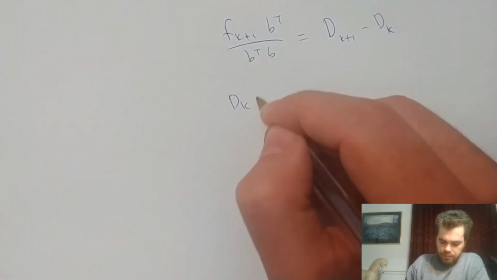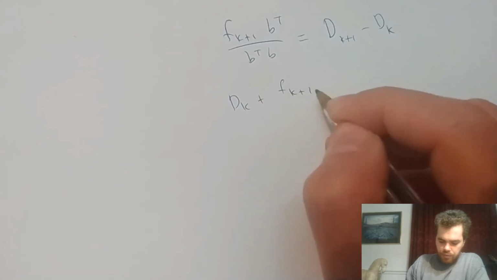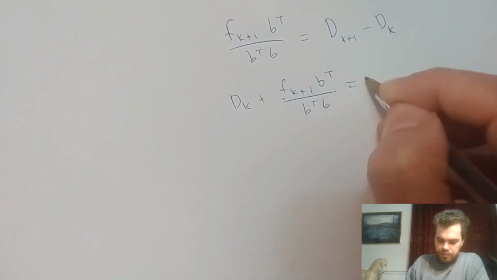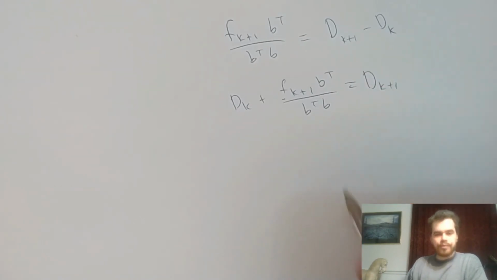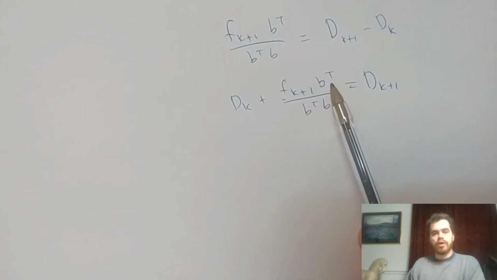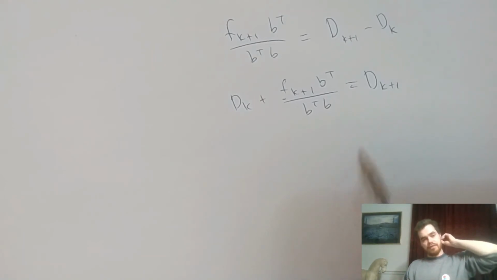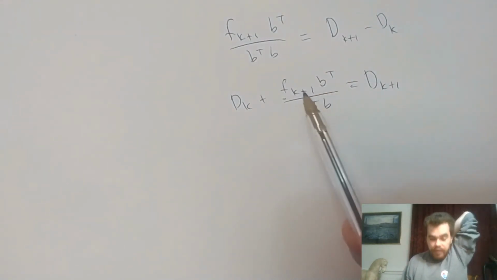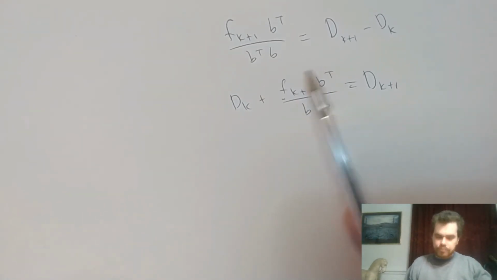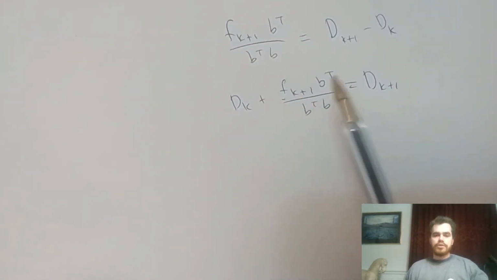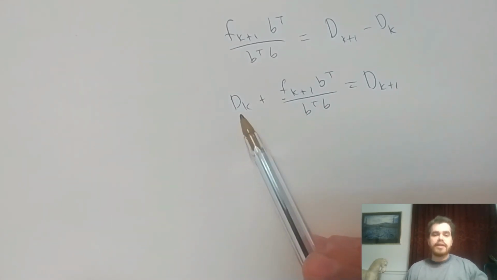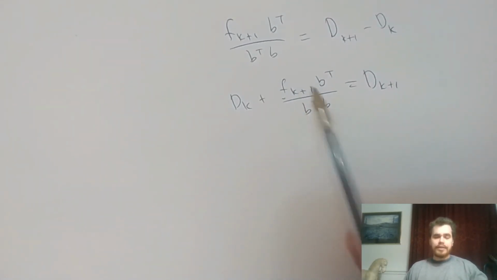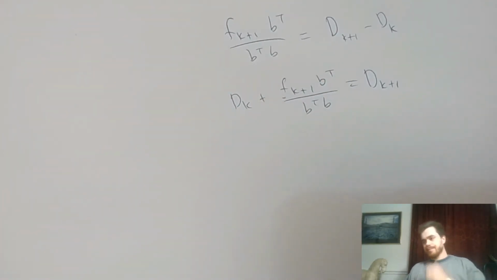We can go dk plus fk plus 1 b transpose over b transpose b is equal to dk plus 1. And remember b is the difference between our former x vector and our new x vector. So if we know that, and we know fk plus 1, we know all we need to calculate this expression, and we can get dk plus 1 by adding this to dk.